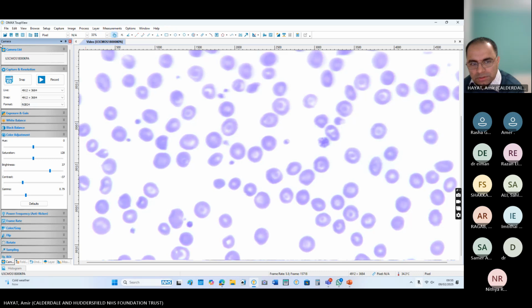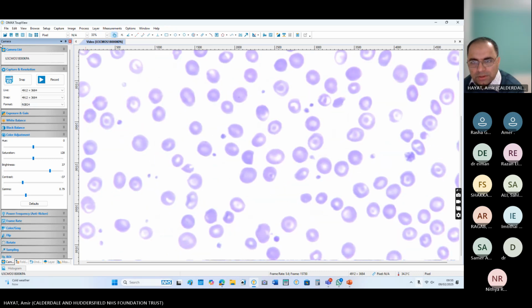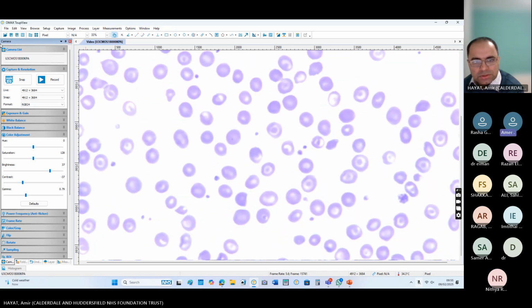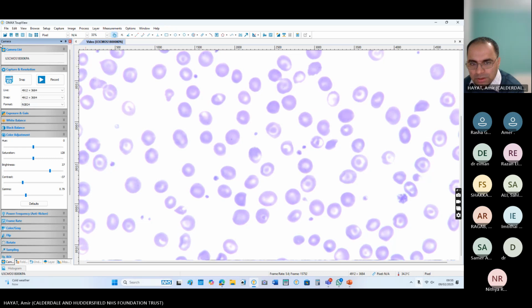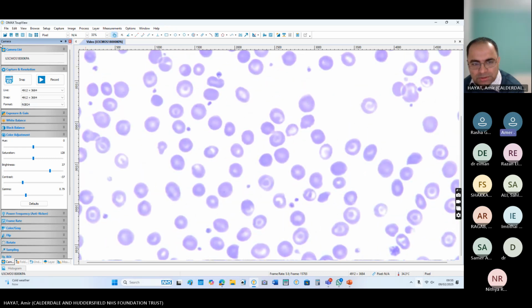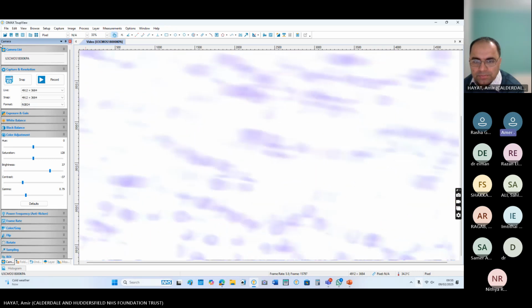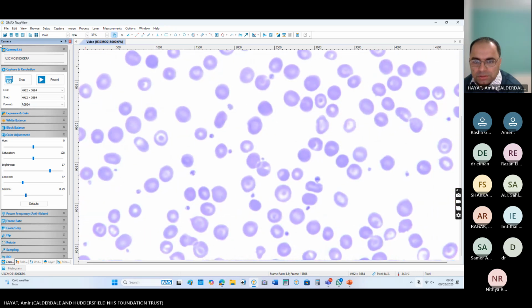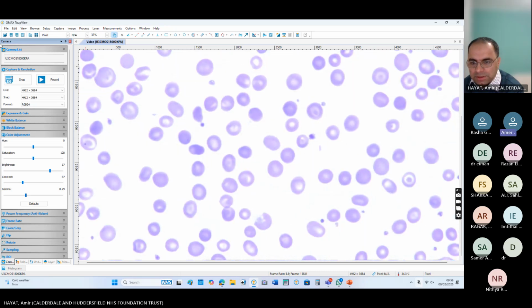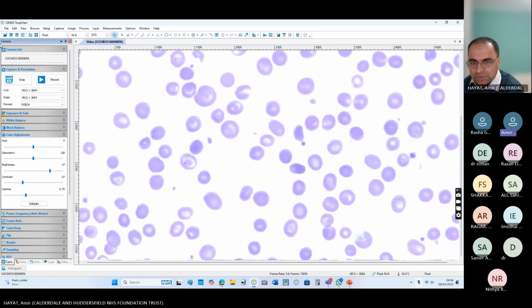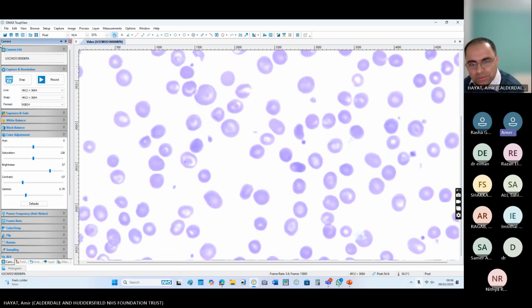Okay. So this blood film is post-splenectomy. People think that this may be a hemoglobinopathy because of a lot of target cells. No, this is not a hemoglobinopathy because previously he was well, with no family history of any hemoglobinopathy.